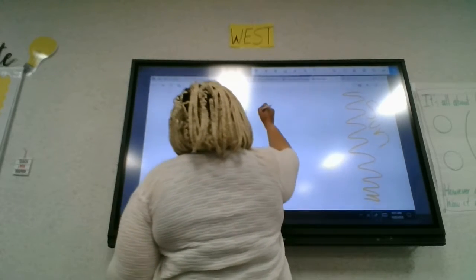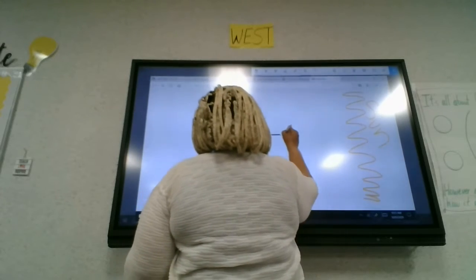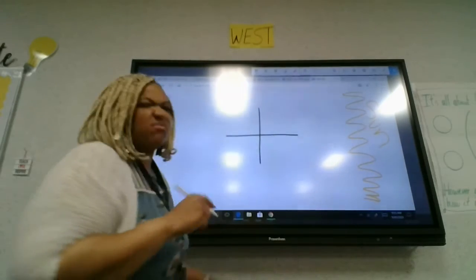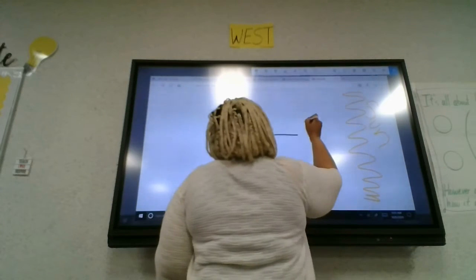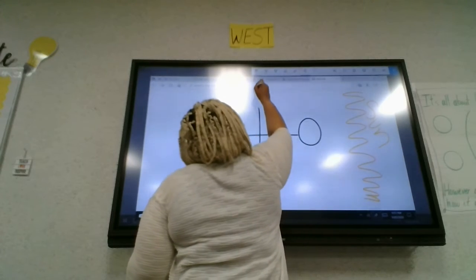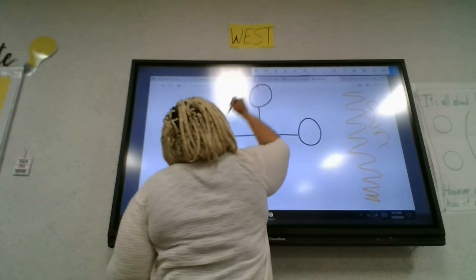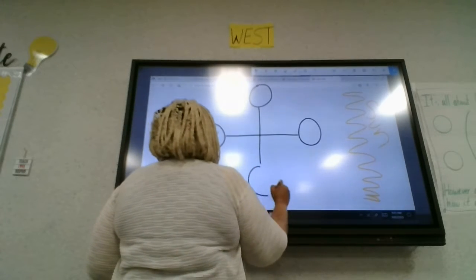So I will draw this little figure here. This just kind of helps me out with where I'm going and what I'm doing. Okay, we know we're going to be talking about moon phases, so I'm going to go ahead and put those 4 main moon phases right here.